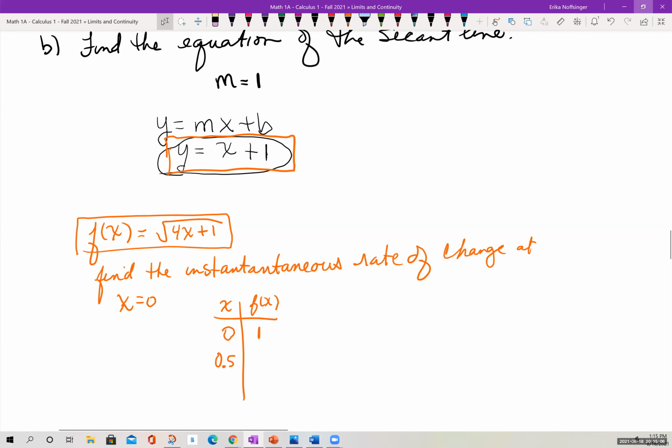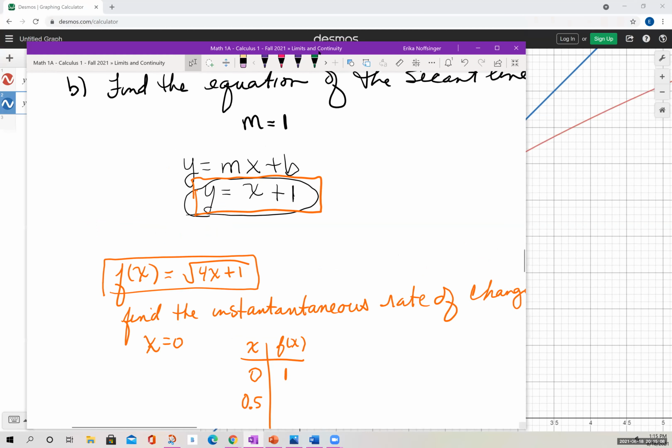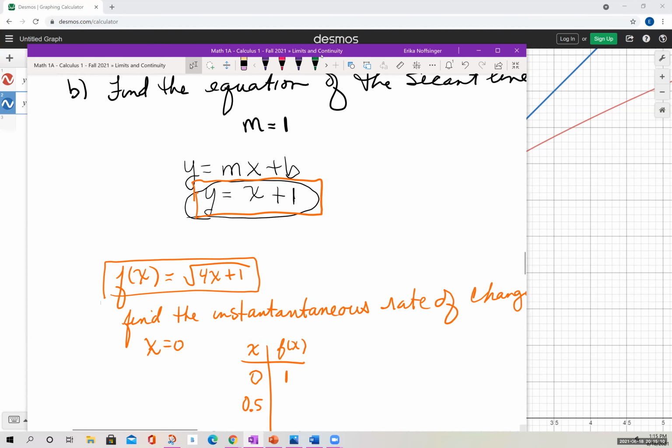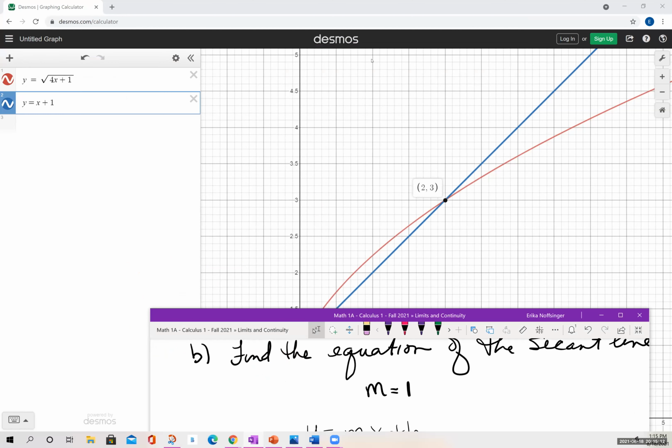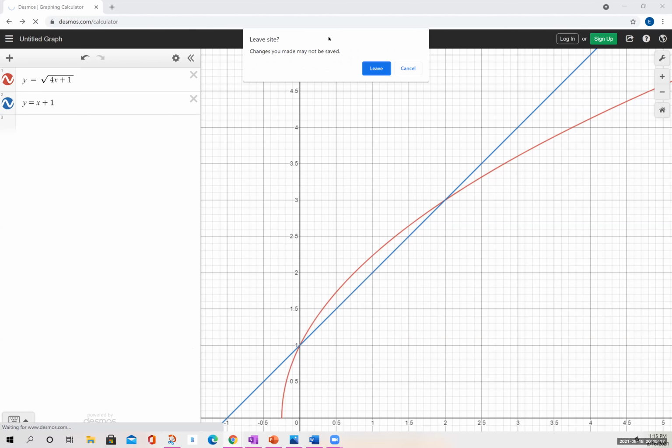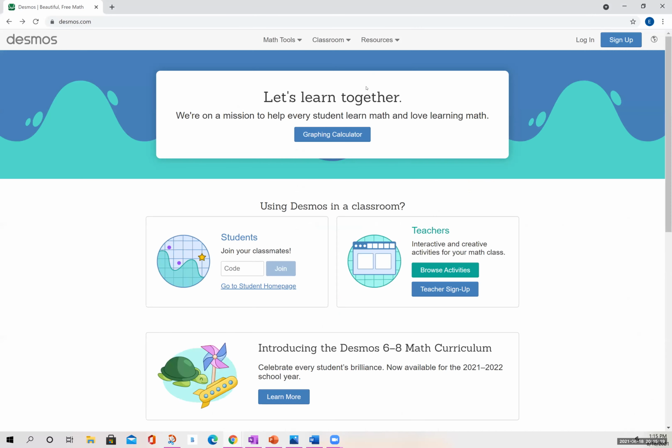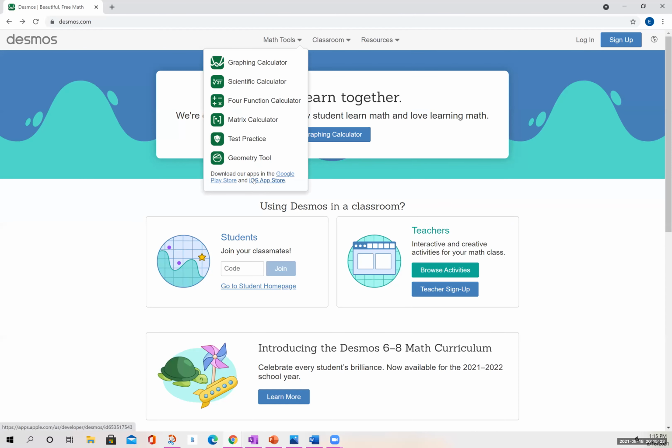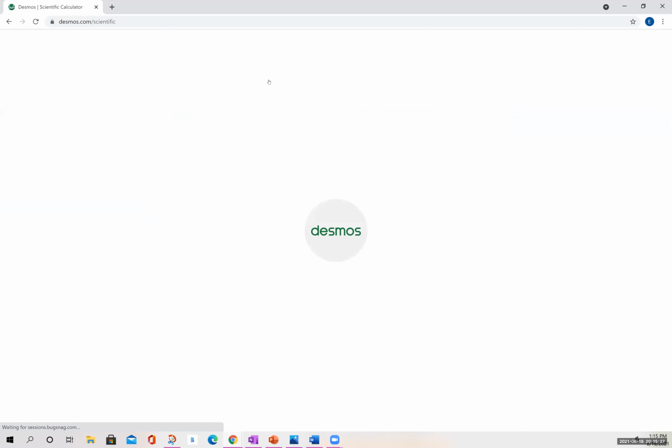So I'm going to try to do 2 screens at once. I'm going to get out of the screen where it's graphing, go back to where I come in, and look at different types of calculator. So I'm just going to go to the scientific calculator.